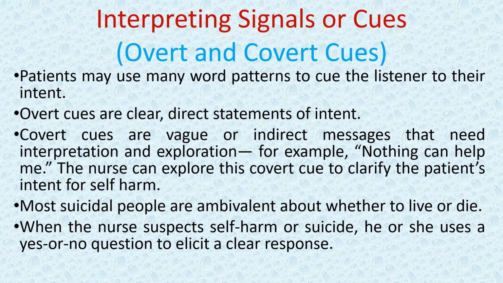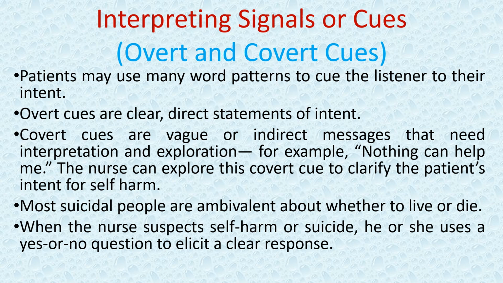In interpreting signals, there are signals which may be overt or covert. Overt means they can be interpreted very easily, and are direct cues for the conversation, and some expressions are covert cues which have a hidden meaning. Covert cues are vague, for example, "Nothing can help me." This is a vague or indirect message.